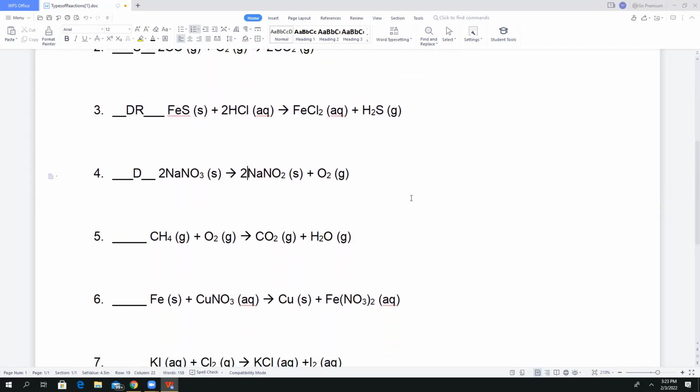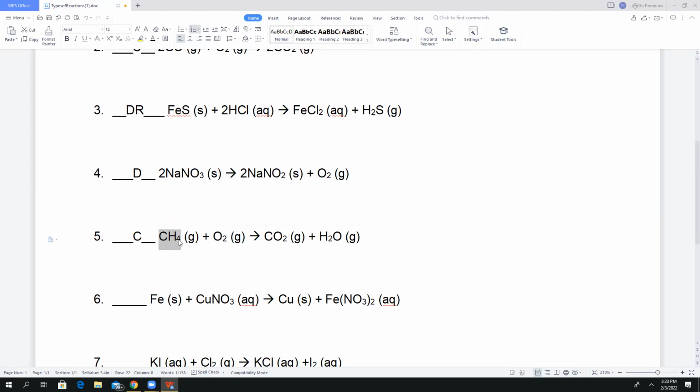What about this one? This is known as a combustion reaction. We're going to put a C here. Because you have oxygen, and you need oxygen to burn, right? And combustion means burning. And in this case, you have a hydrocarbon. Then what you need to do is look at your CH4 and then balance the other ones accordingly.